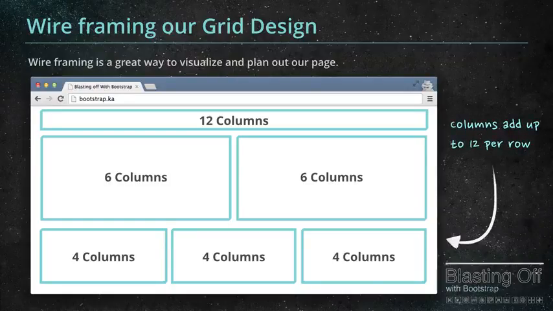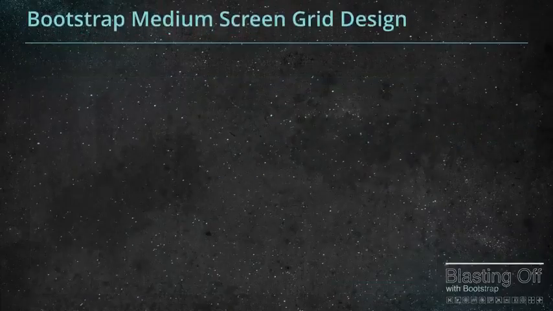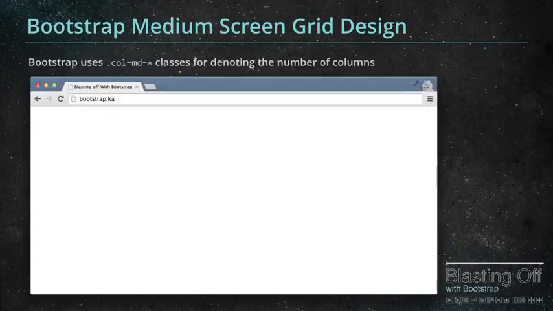In order to do this, we'll need to limit the number of columns that each of our elements can use. We can use Bootstrap's col-md-star classes, and we can denote the number of columns each of our elements takes up. The md in this class name represents a medium-sized screen, like on a laptop. We'll explore some other screen sizes later on, but md is a good starting point for creating your grid.